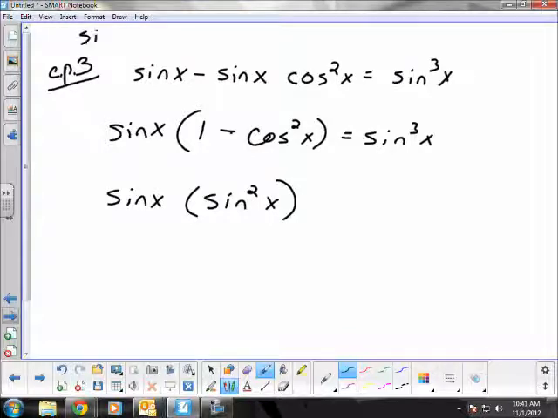If the sine squared of x plus the cosine squared of x is equal to 1, then if I subtract cosine squared of x from both sides, what does that leave over there? Sine squared of x is equal to 1 minus the cosine squared. Okay? So I can replace 1 minus the cosine squared with the sine squared.